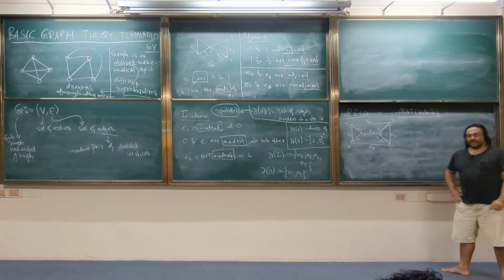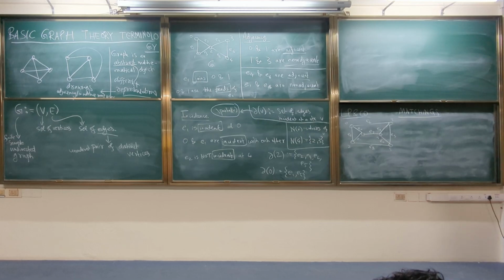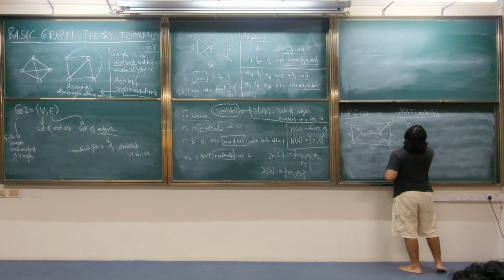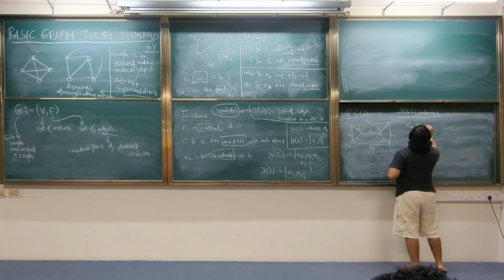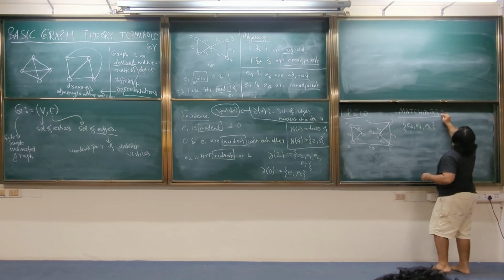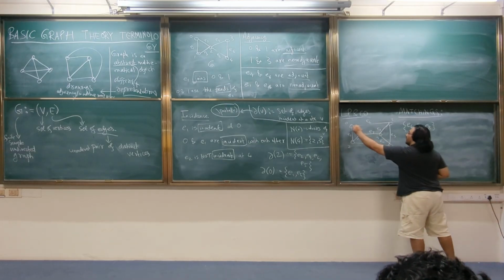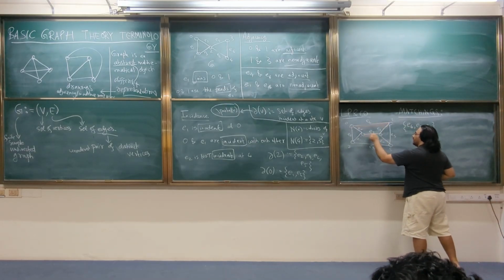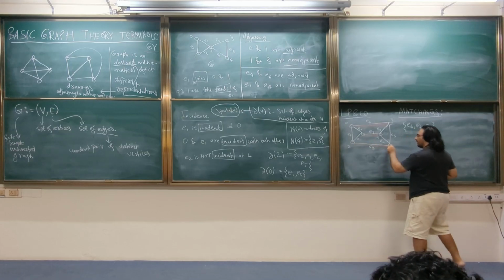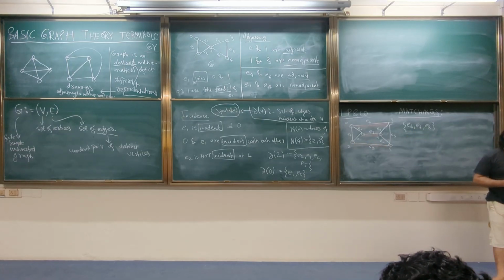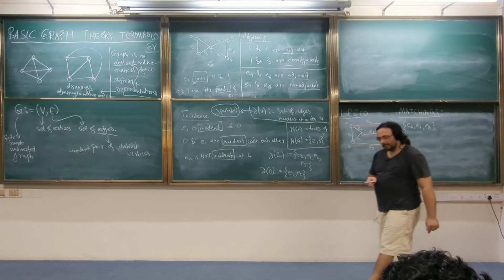Thank you for reminding me. Good. So E6, E7, E8 is an example of a matching. I haven't defined it. I just colored it. This is a matching.